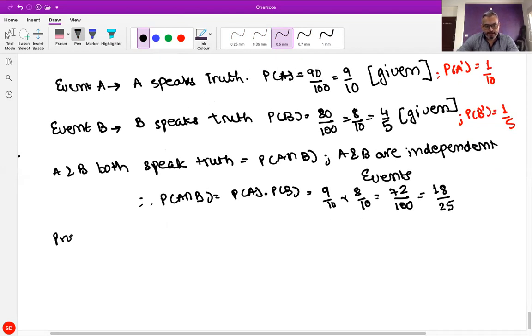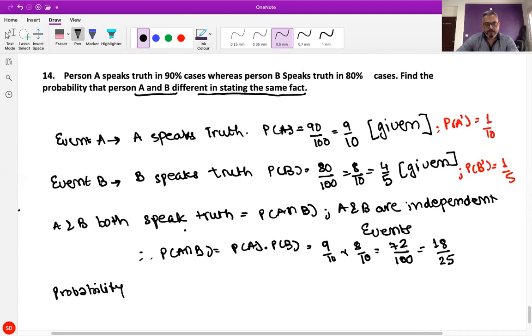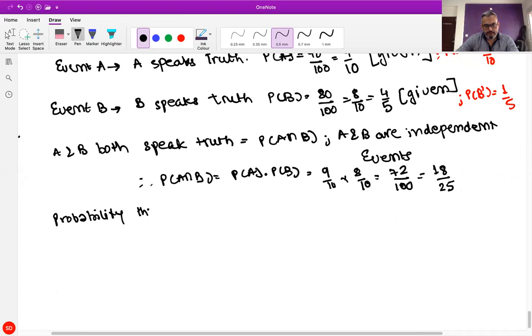Probability that A and B state different facts.